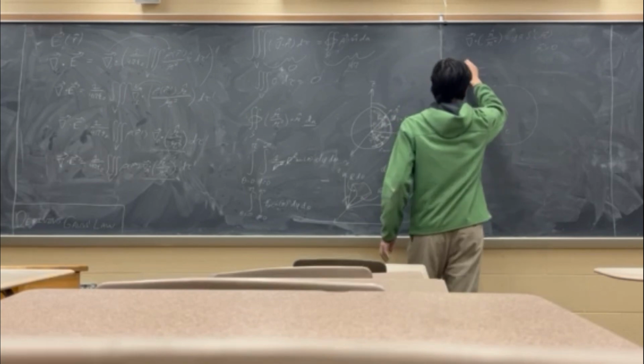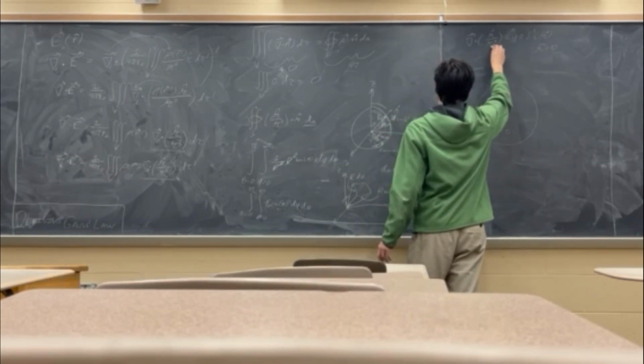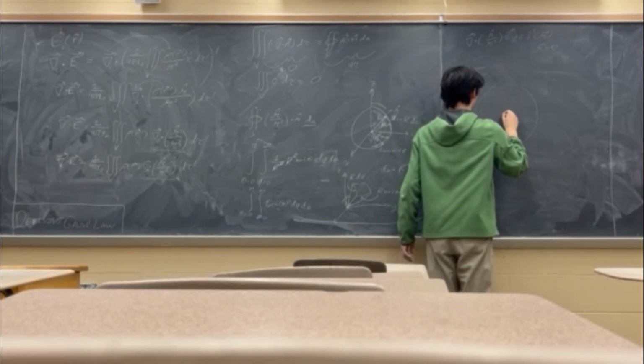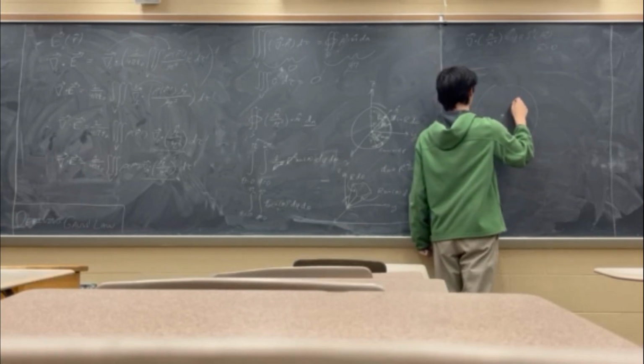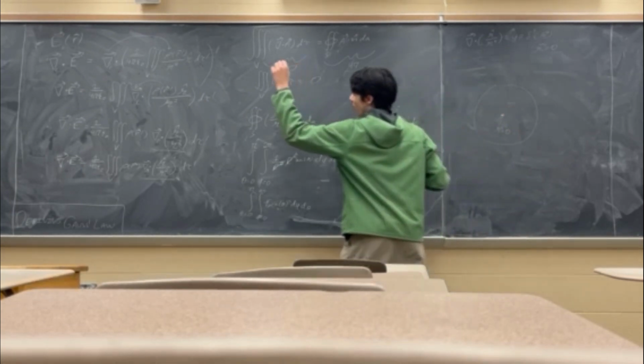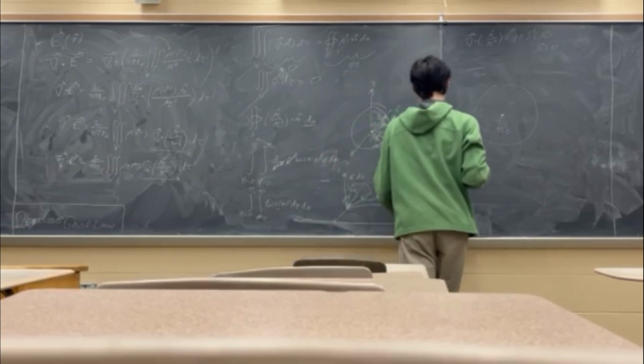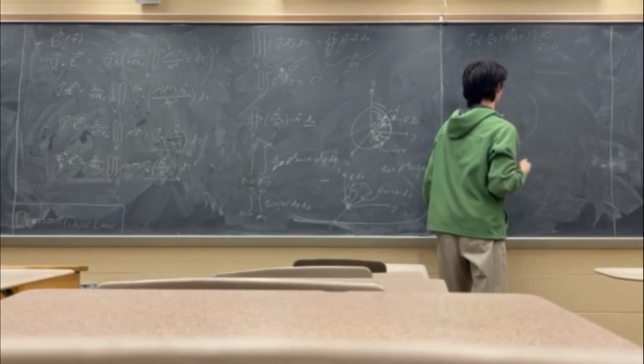I'll note that in the context of this divergence, this r is just denoting the distance to a point, as opposed to over here where it actually is r minus r prime.